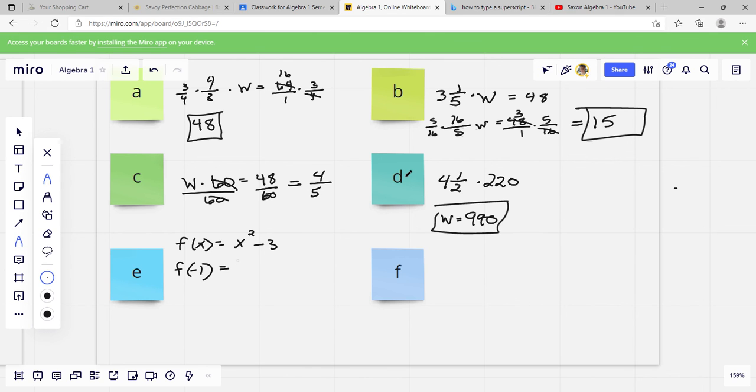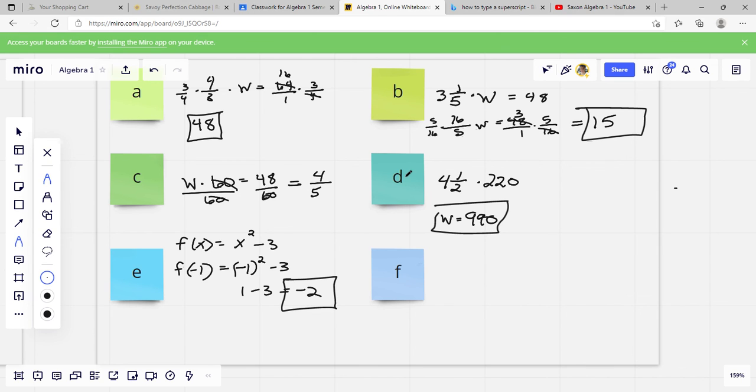So everywhere where I've got an x, I have to put negative 1. So negative 1 squared minus 3. So negative 1 times negative 1 would be positive 1. 1 minus 3, that means I have $1. I want to spend $3. I have to borrow 2. So negative 2. Negative 2 is the answer to E.